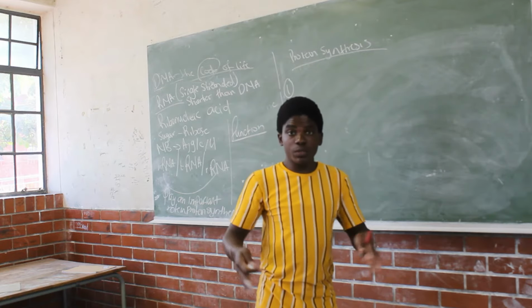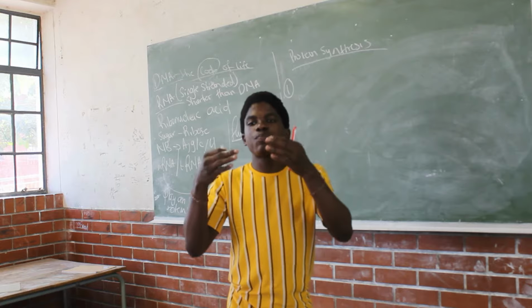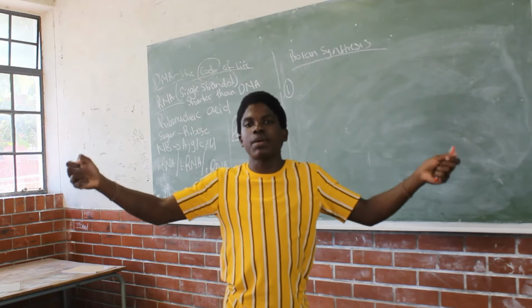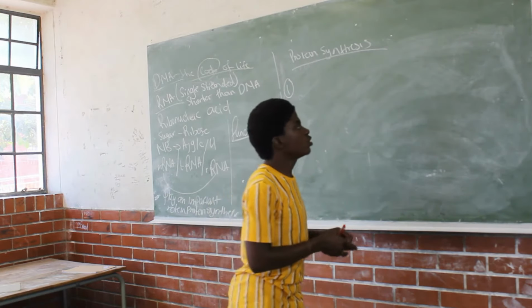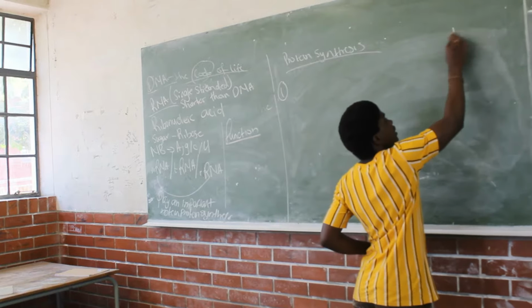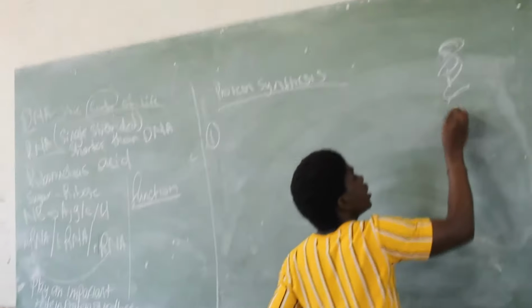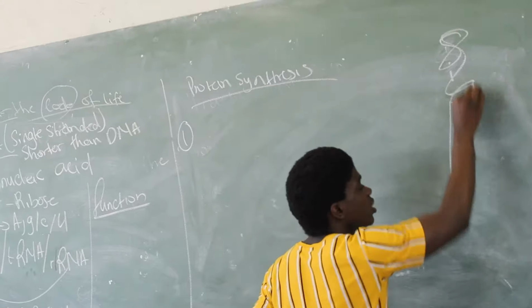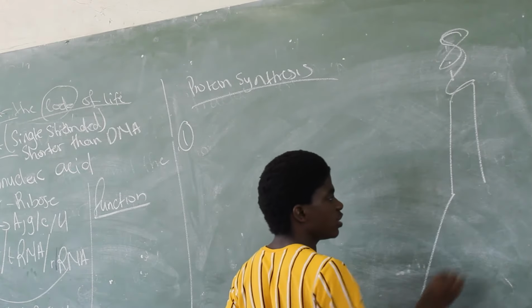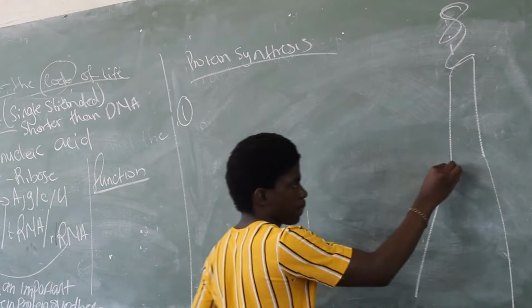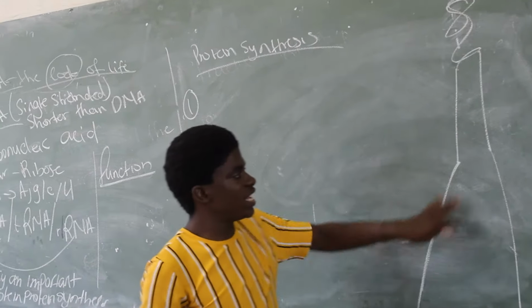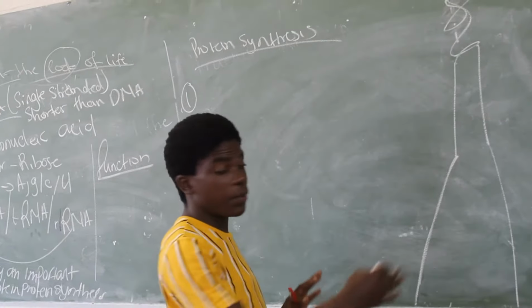The bonds will break. When the bonds have broken, it will then unzip, which means it separates, from a helical shape to a ladder-like shape to a single strand like this. So when this happens, it means it has separated.